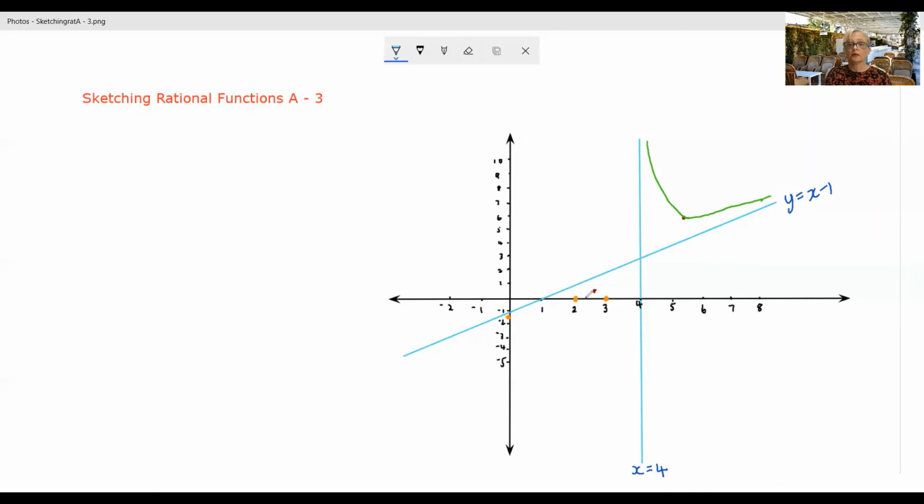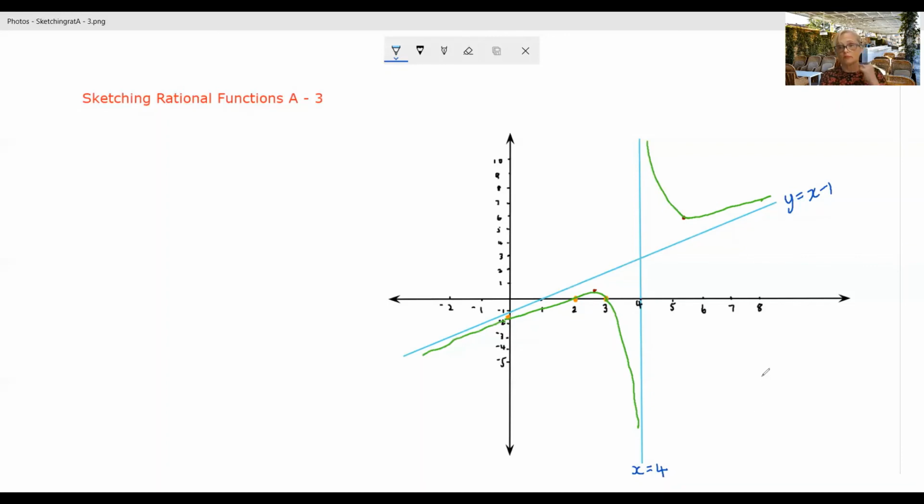And then down here, we've got a local maximum here, and it's come through here, and it's going to be approaching this line from below. Okay, so down here, we've got our local maximum here. We're going to touch here. So we've got something like that, and then we're going to tend towards this line from below, and we're going to tend towards this line also from below.